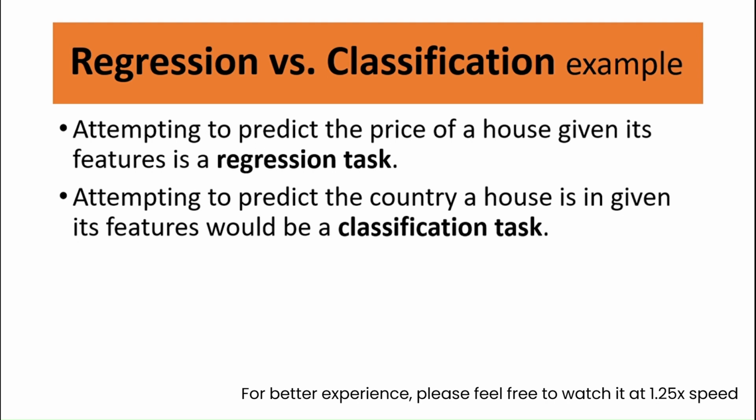There are only about 200 examples of country, so that is a categorization. We are looking for a category to put it into, so that is a classification task, whereas the price of a house is a continuous value and that is a regression task.